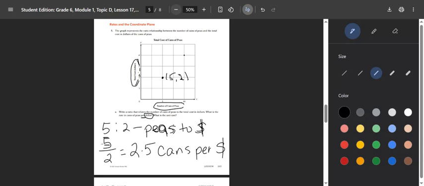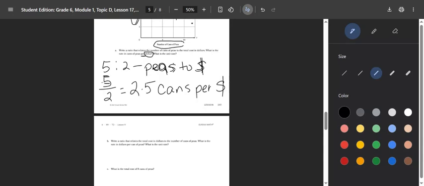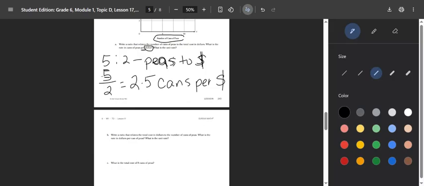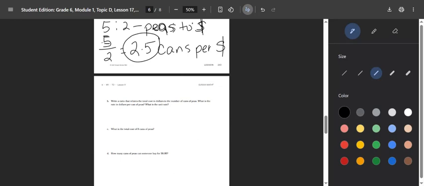All right. So the rate is 2.5 cans per dollar, and the unit rate is 2.5. So 2.5 is your unit rate, because you're going to use 2.5 to figure out the answers to the next questions.